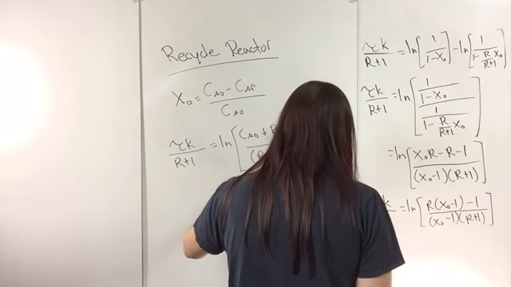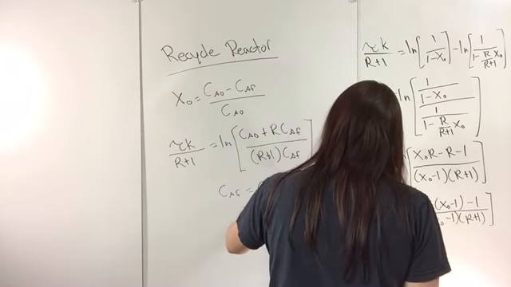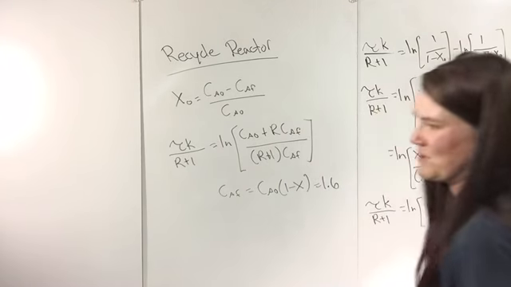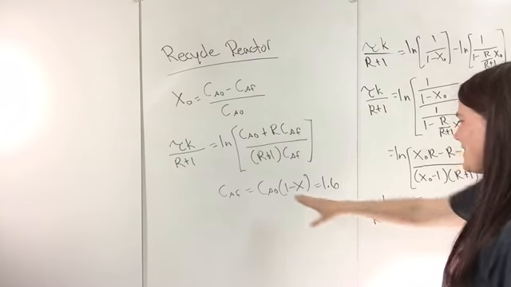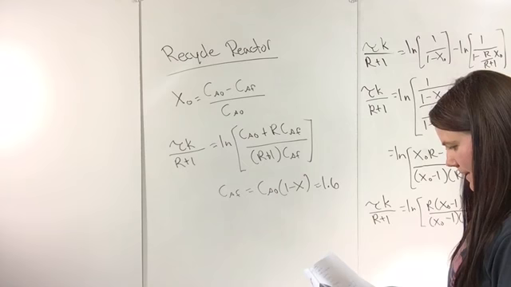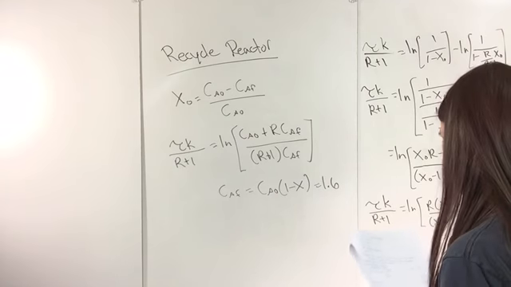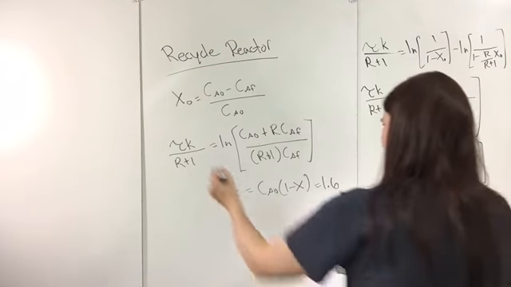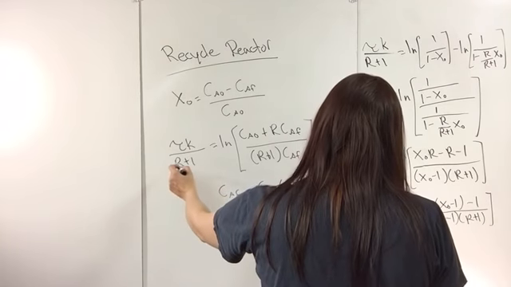CAF is equal to Ca naught times (1 minus x), which happens to be 1.6 if you go back. I can't remember what Ca naught was, but it was 4. So 4 multiplied by 1 minus 0.6. And so then you can plug in everything else. We were given r.